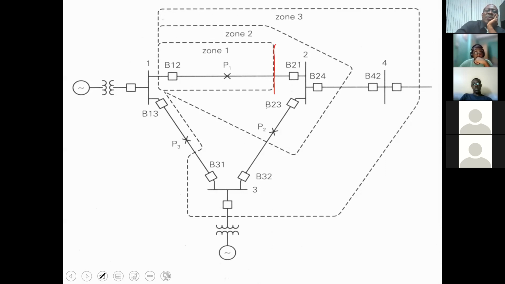The zone 2 setting would be 120% of 1, 2. Where it falls over on the adjacent line is neither here nor there. You just know that it's 120%. For your zone 3, it's 100% of this plus 120% of either this or this, whichever of them is longer.